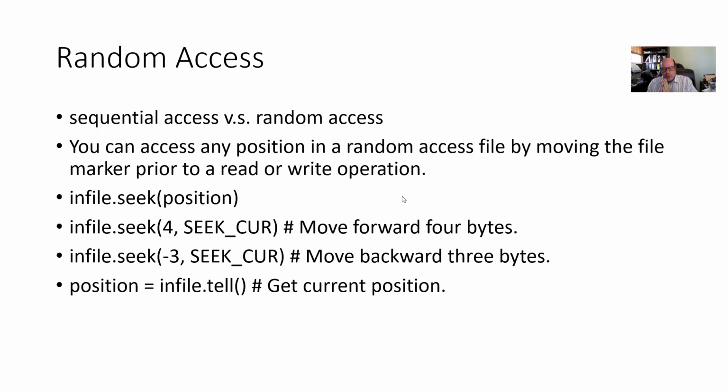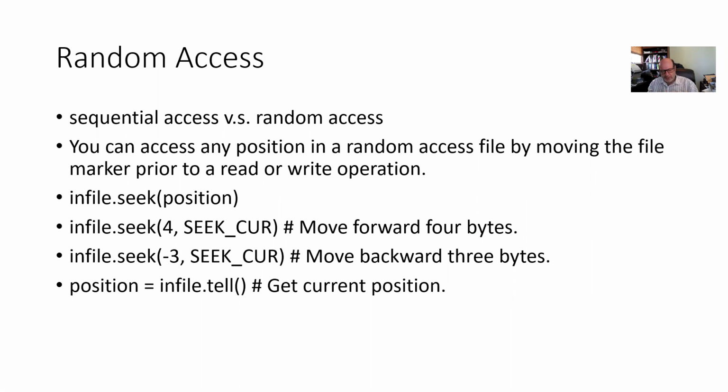Next topic, we're going to talk about random access. So far, what we learned in our file processing is we open a file, we go to the top, and we read sequentially. If I want something in the middle of the file, so far I couldn't jump into the middle of the file.